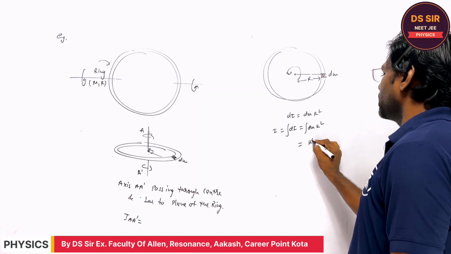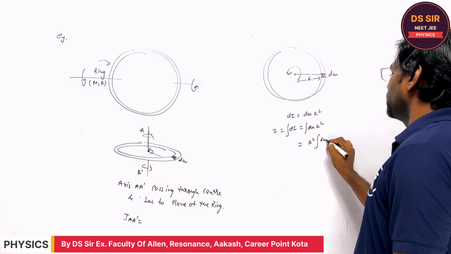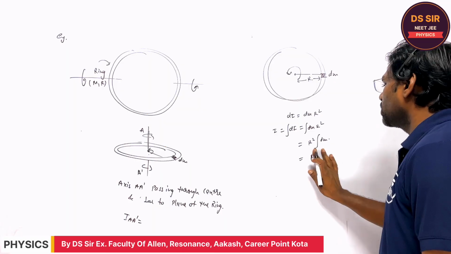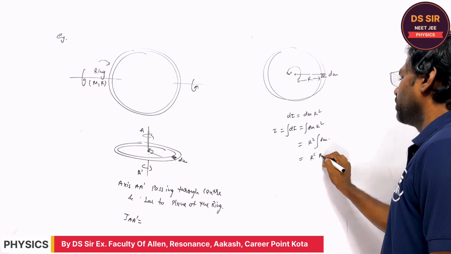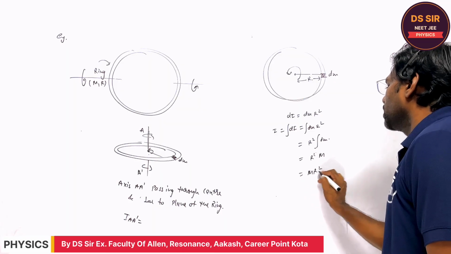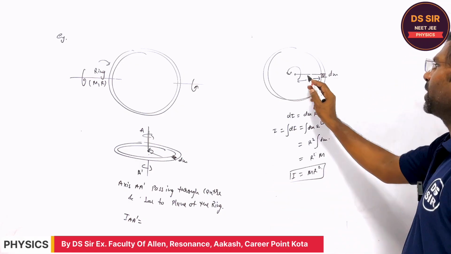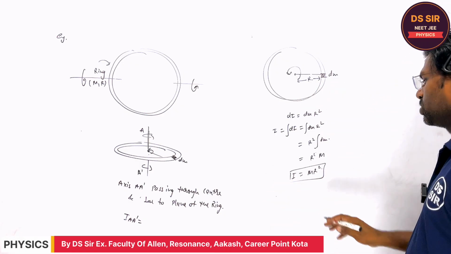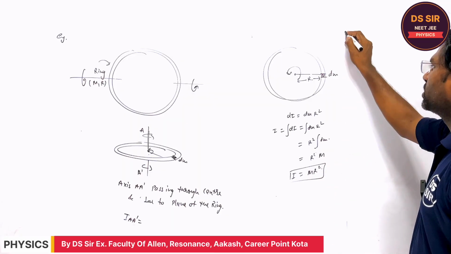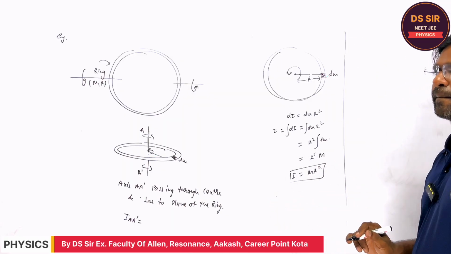The r square comes out of the integration, and the integration of dm is the complete mass m, so mr square. This is simple, like a point mass placed at distance r. So this is the moment of inertia. Is it clear or not?